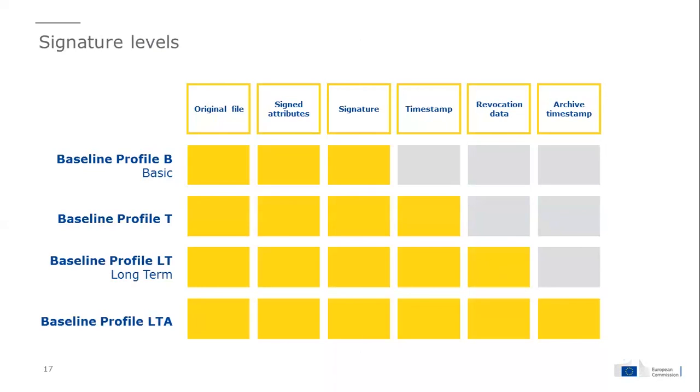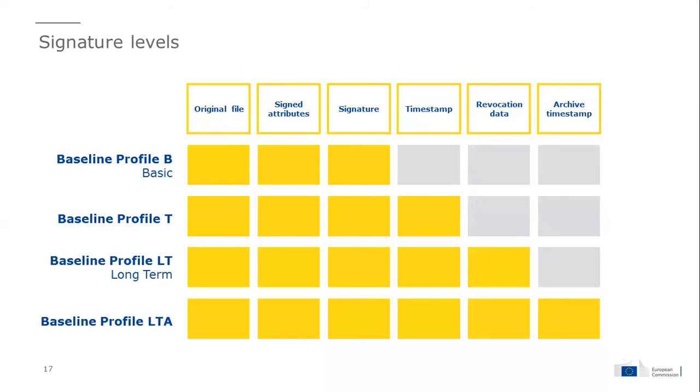DSS handles this format. Please note that for archiving reasons, but this is outside of the scope of this webinar, these two last formats, LT and LTA, can be repeated a number of times, for instance, every year, to ensure the correctness of your signature on the long term.